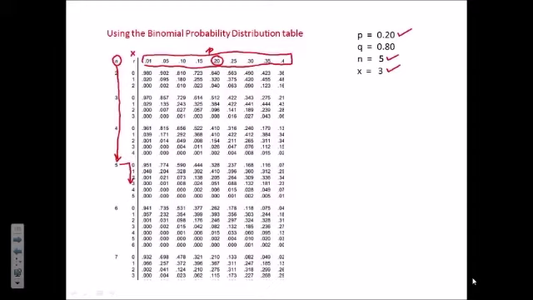Now, where the column for 20% and the row for 3 meet, that's the answer to this problem. So it's going to be 0.051. That's 5.1% is the probability that you'd have 3 out of 5 successes.